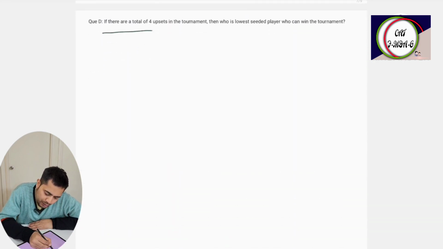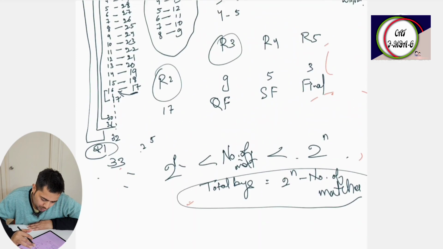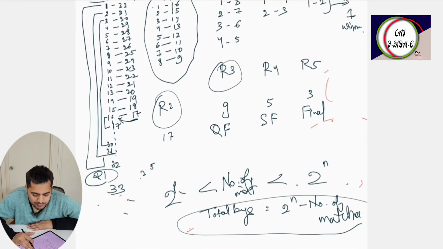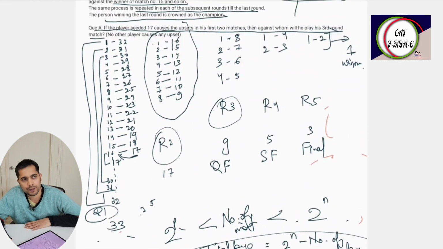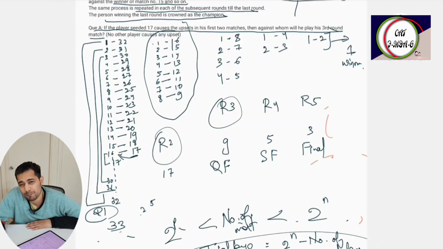If there are a total of 4 upsets in the tournament, then who is the lowest seeded player who can win the tournament? So only 4 upsets are possible. We want to find out the lowest seeded player who can win.